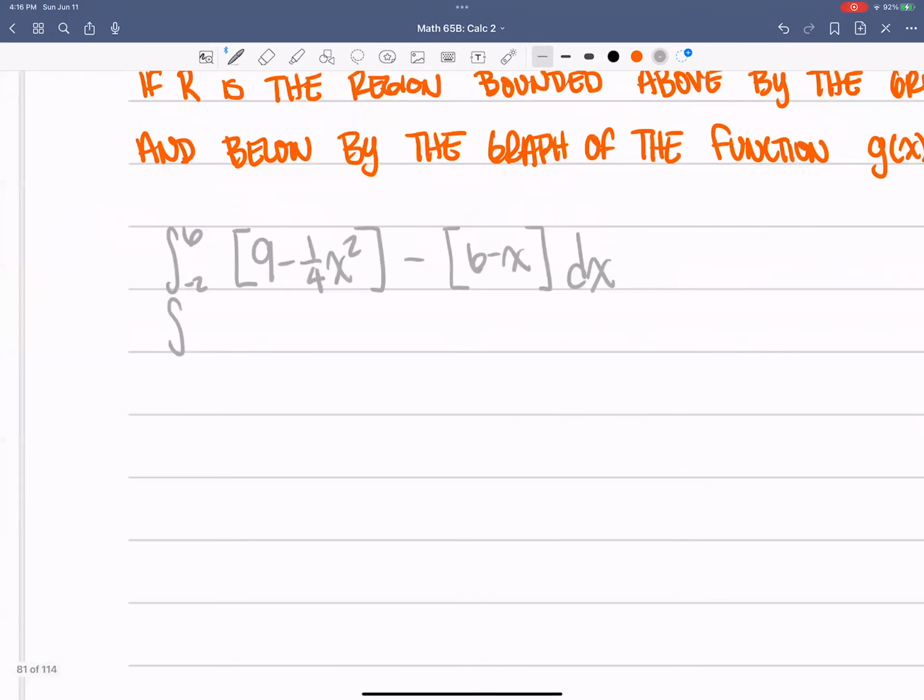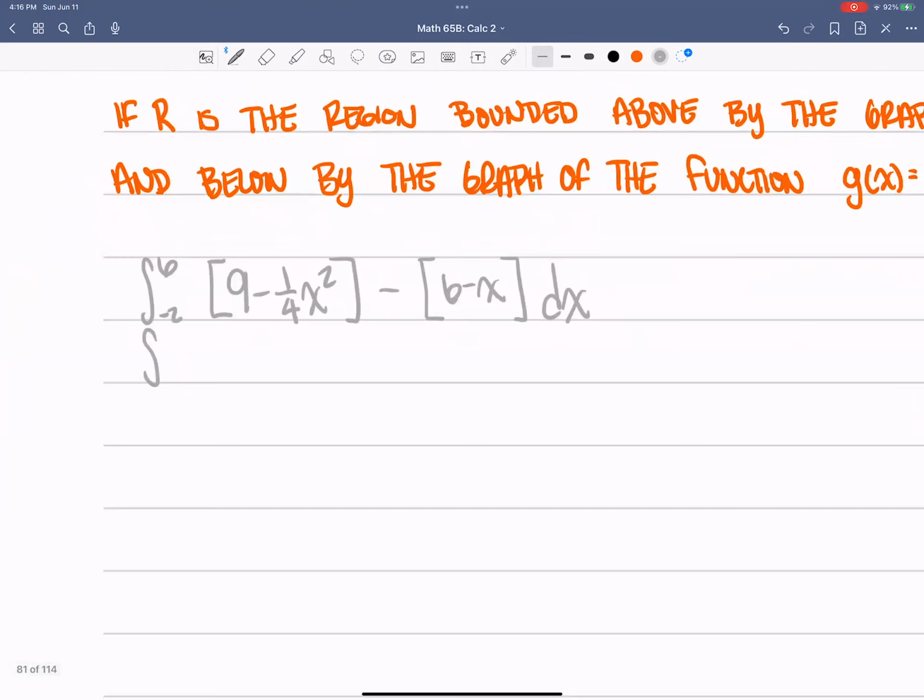Let's combine like terms. So starting off with our highest degree, we have -1 over 4x squared. And next our x's, we have minus a negative x, so that's going to be plus x. And we have 9 minus a positive 6, so 9 minus 6 is 3.